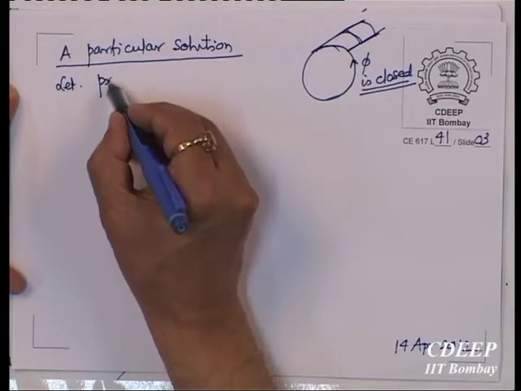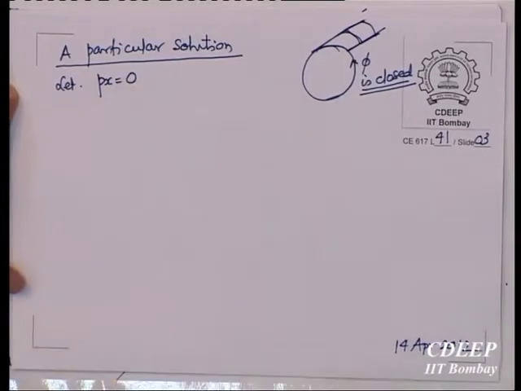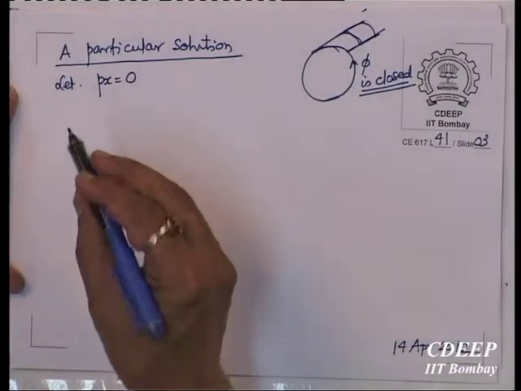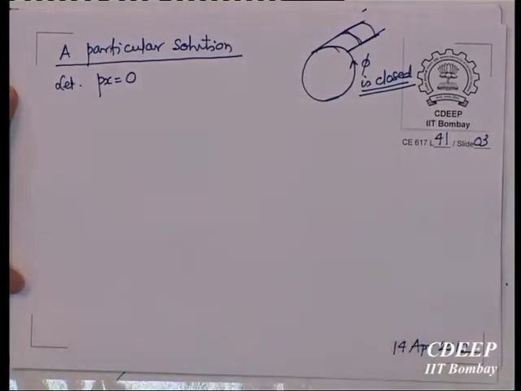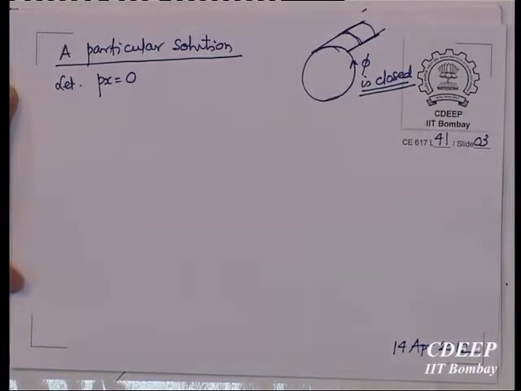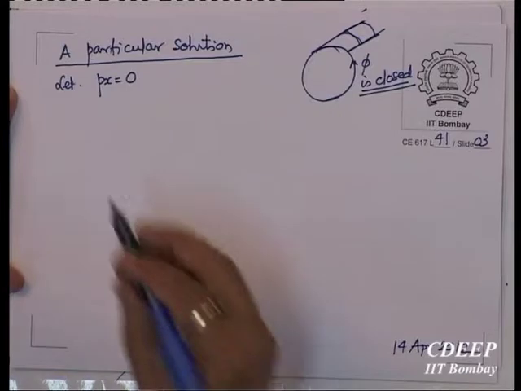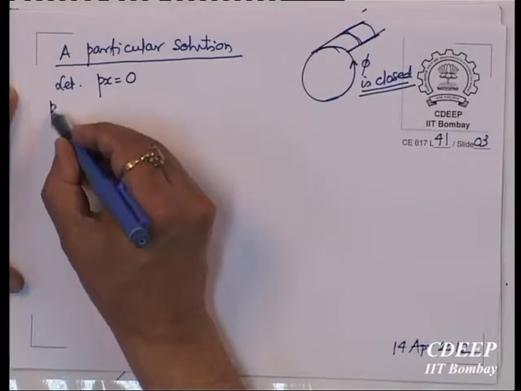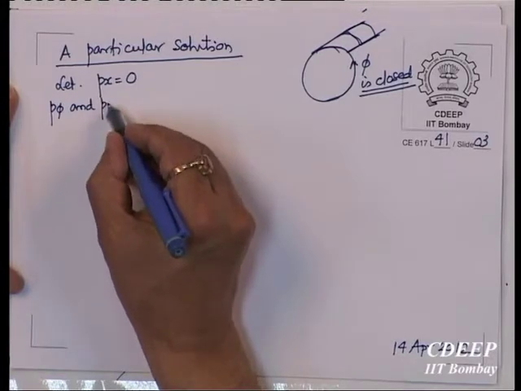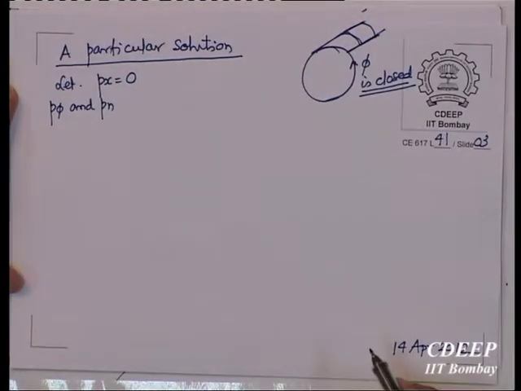Let us say that we are not applying any load. Again, I am simplifying. P phi means tangential load, and P n is the normal load.